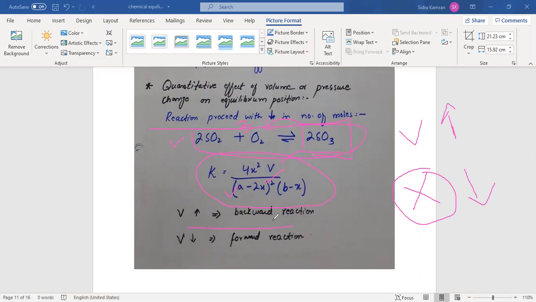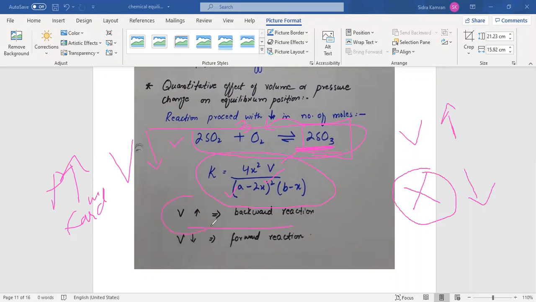This is the same as we discussed previously: the equilibrium shifts towards the lesser number of moles if the pressure is increased or the volume is decreased. Here you can see 2 is the lesser number of moles as compared to 3. So if you increase the pressure, the volume will decrease and the reaction will move towards the forward side.